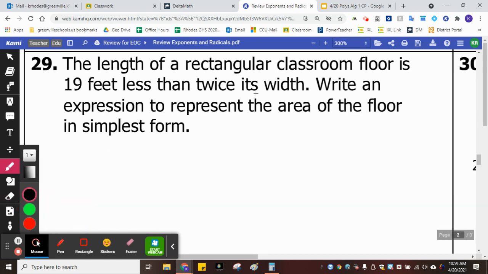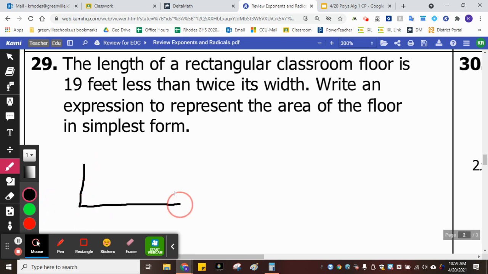So the length of a rectangle. Let's draw a rectangle. The length of the rectangle is 19 feet less than twice the width. Write the expression to represent the area of the floor in simplest form. So, area.